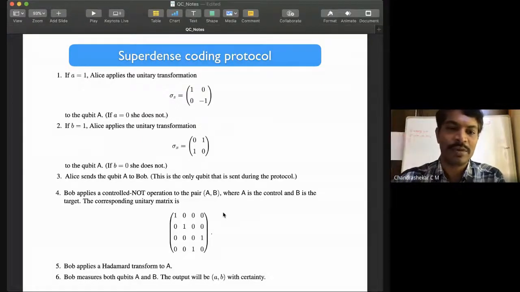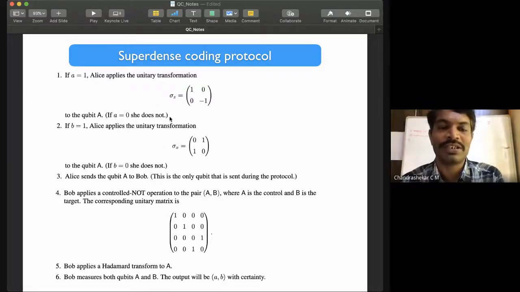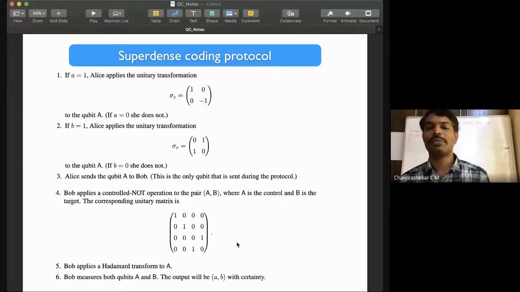She had only 1 qubit with her. She did 2 operations depending on what she wants to send. If she had to send 0, 0, she does no operations at all. She only sends whatever she had with her. But if she had to send information of 1 in either 1 or 2 qubits, then only she is doing these operations. Bob now has 2 qubits with him because 1 was with him from before.